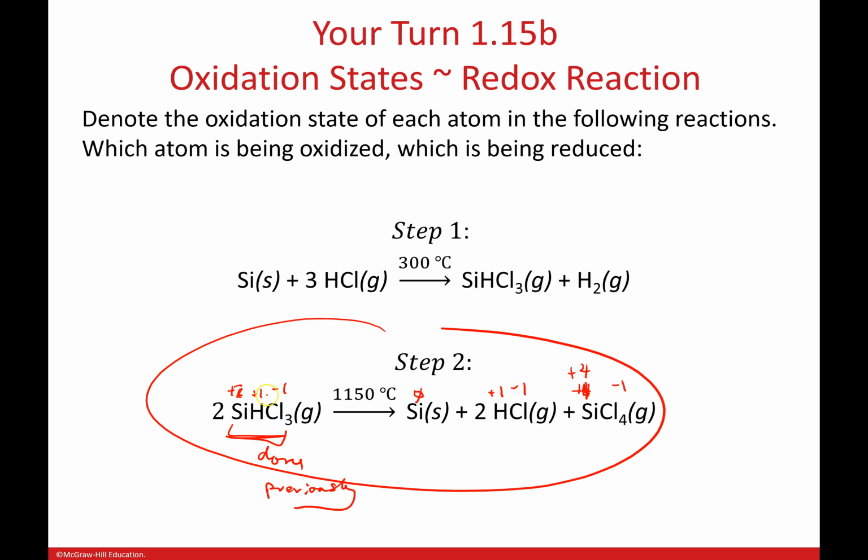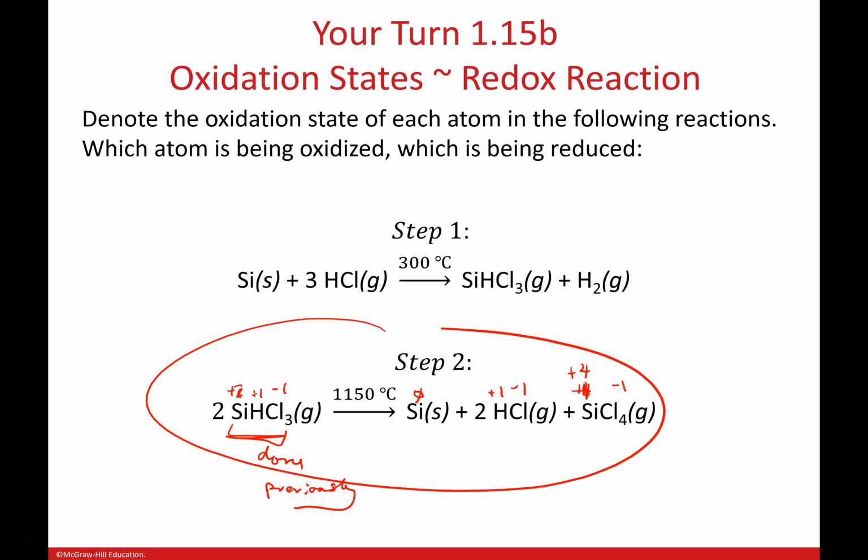Oh gosh. The chlorines are -1, and there's 3 of them. It makes them -3, and then the hydrogen is a +1. So instead of -3, that's -2. That's how I think of it. This has to be a +2 to make that neutral.